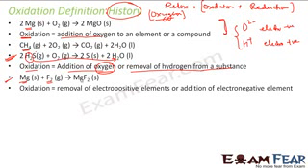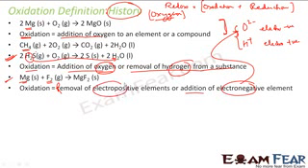Instead of addition of oxygen itself, they said addition of any electronegative element, and instead of removal of hydrogen, removal of any electropositive element. You see, like this. So they increased the domain of oxidation.